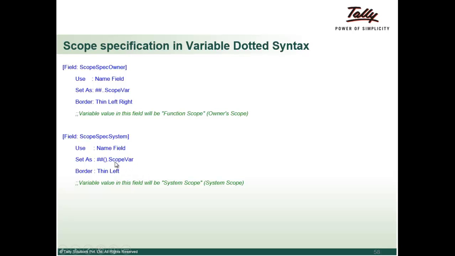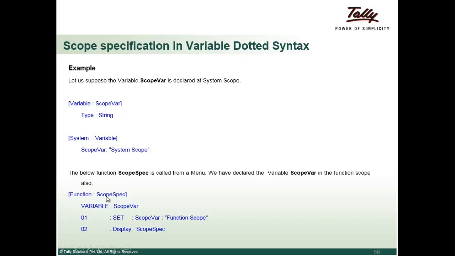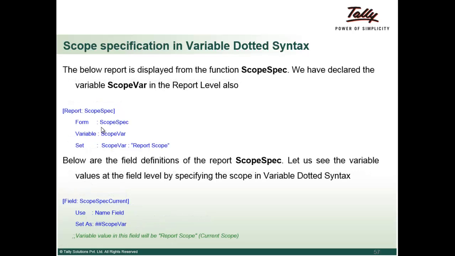So I'll get the value from the system scope. Now, we saw this report, right? If this report is being called, in this function again the scopeware variable is there, and in this function the variable is set to function scope, and this function displays the report scope spec, which is our report.